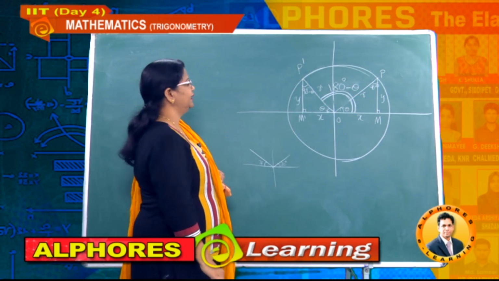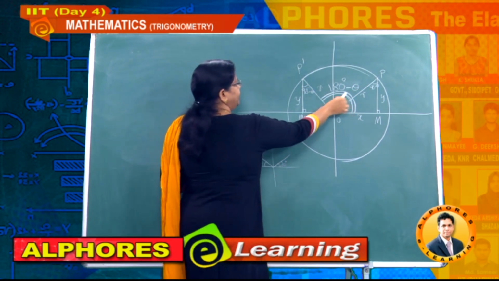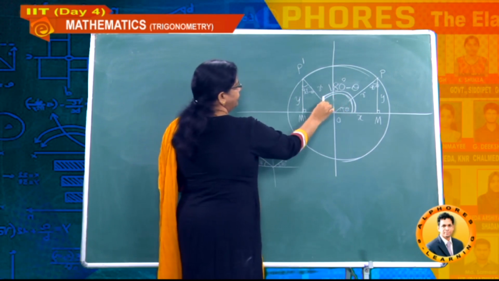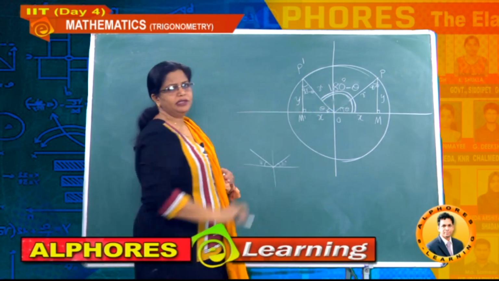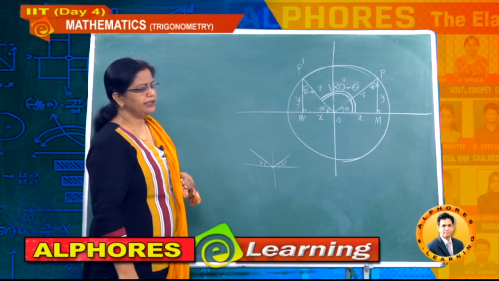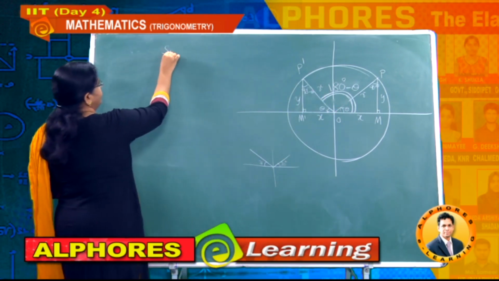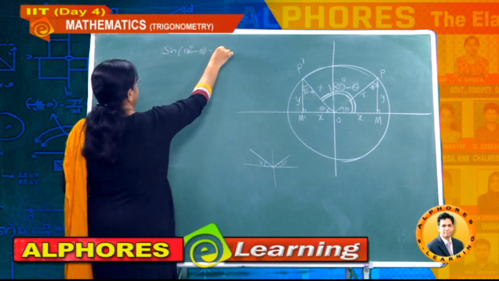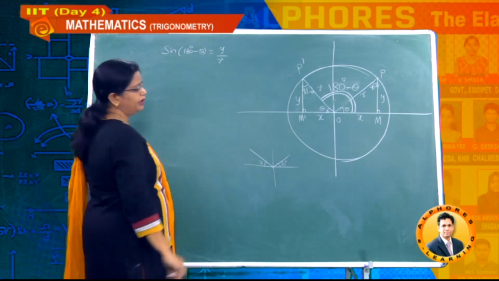Now let us start again. Sin of 180 minus theta, for this angle, exactly what is the opposite side? Y, divided by hypotenuse r. So I am writing sin of 180 minus theta equals opposite side divided by hypotenuse.